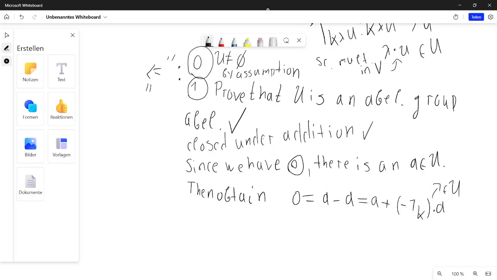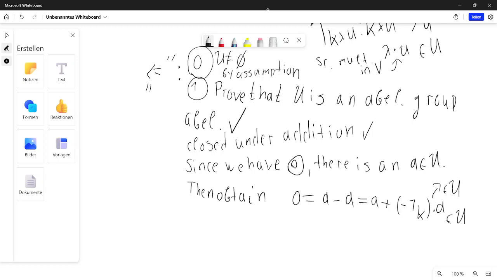This result is in U because it is closed under scalar multiplication. This is just a scalar in our field. This is just the inverse element for the 1 within the field, right? So this is in U and the addition is closed in U, so this is an element of U.